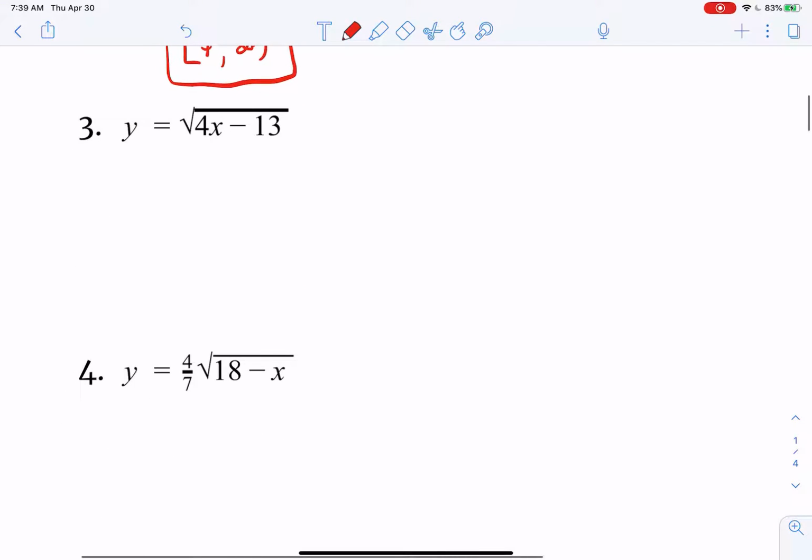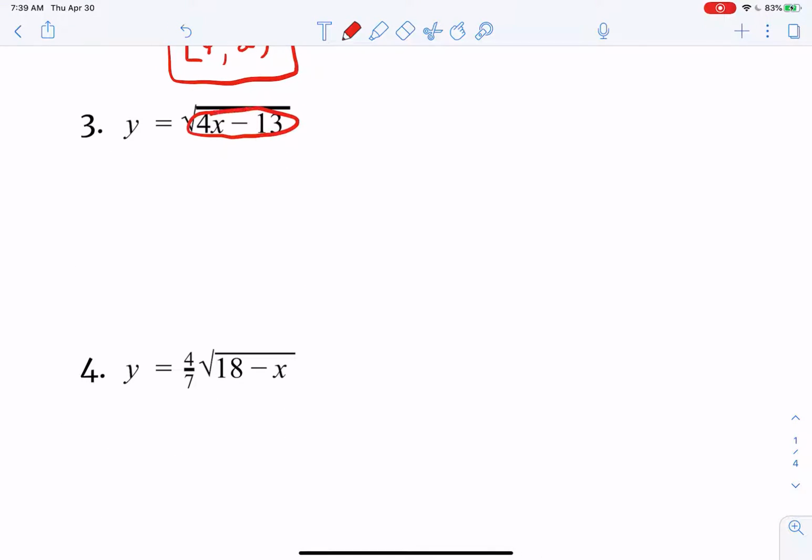Let's try another one. Same thing here. This expression, whatever it is, has to be positive, which means 4x minus 13 is greater than or equal to 0. So we add 13 to both sides, and we get 4x is greater than or equal to 13.